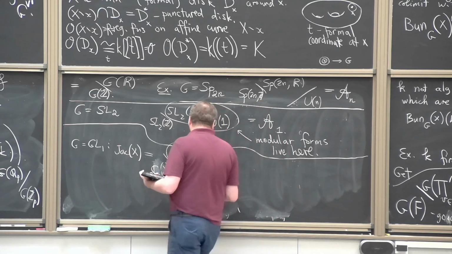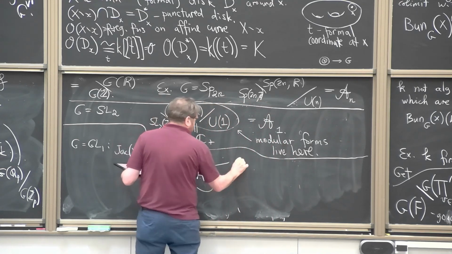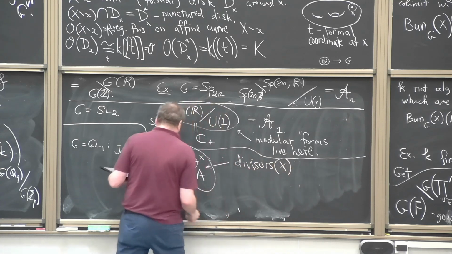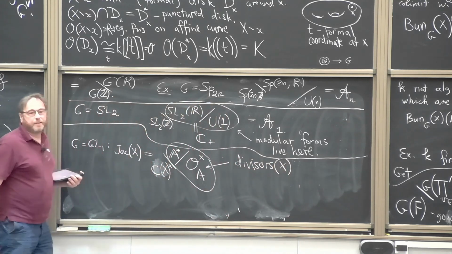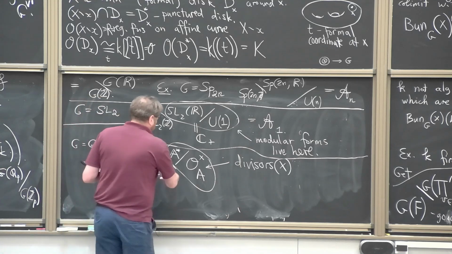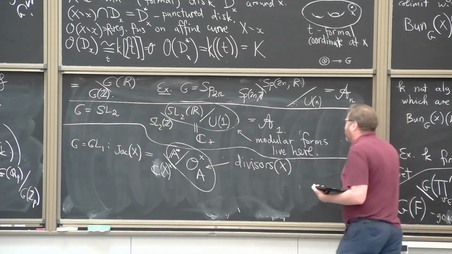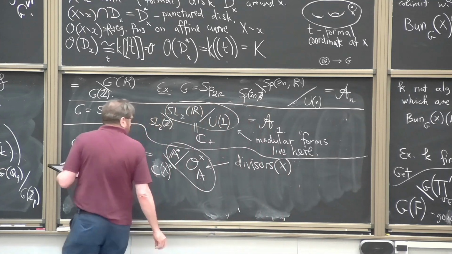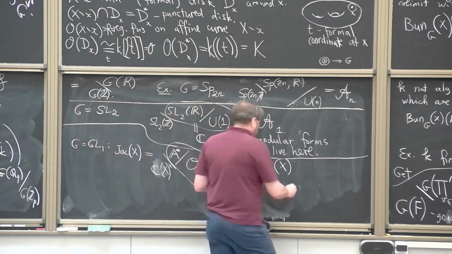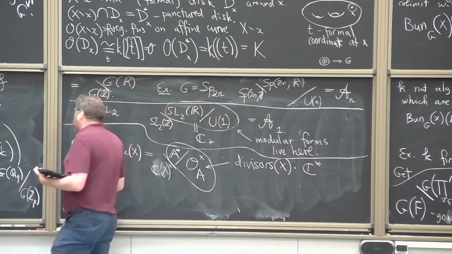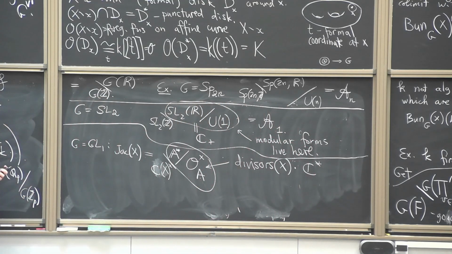You should think about this and discover that this is in fact the group of divisors on X, and this is the subgroup of principal divisors, at least modulo scaling. And so this is the presentation that Sam explained in his lecture.